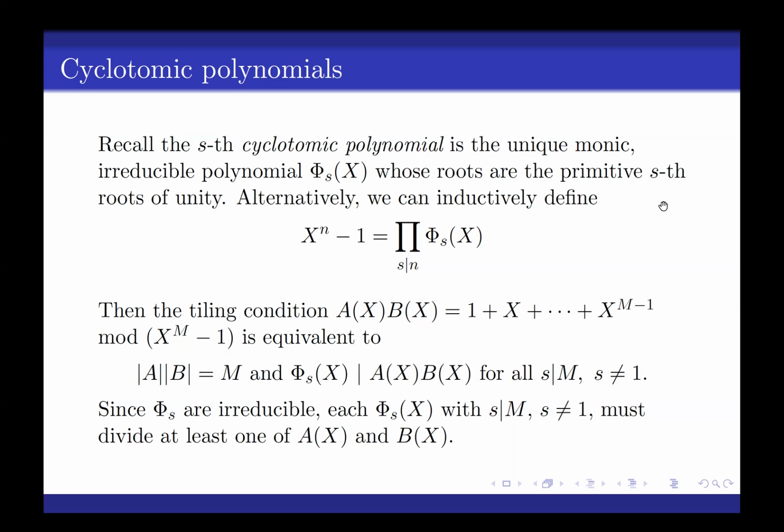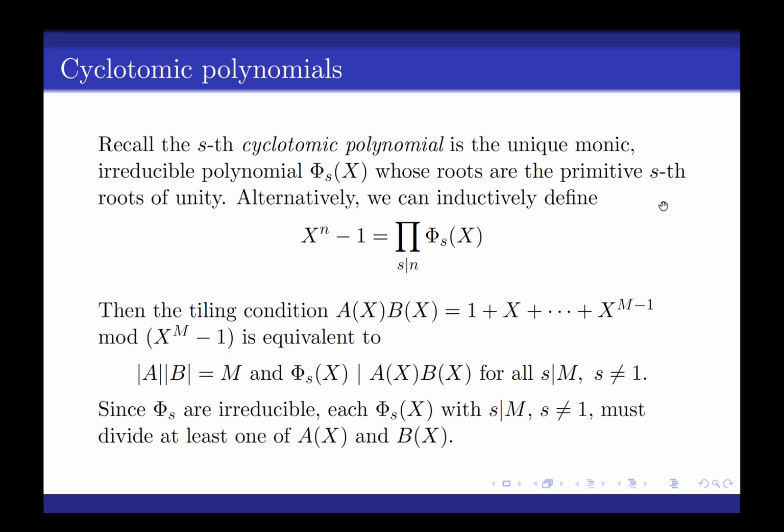Now, with respect to the condition that phi S has to divide at least one of A and B, we have a distinction. Each prime power cyclotomic is going to have to divide exactly one of A and B, and not only that, if it divides A, it will divide it with multiplicity 1, and the same for B, obviously. For mixed cyclotomics, we have the complete opposite.